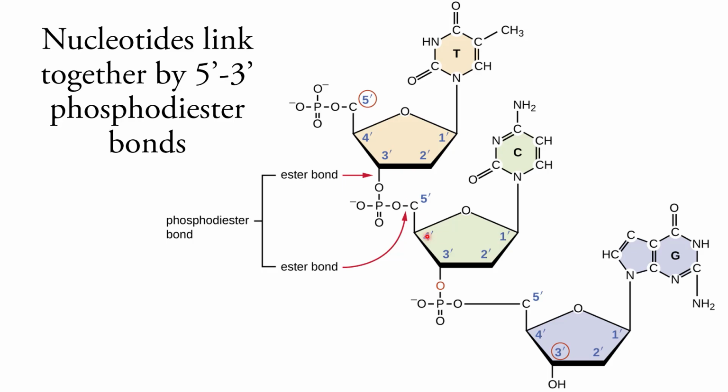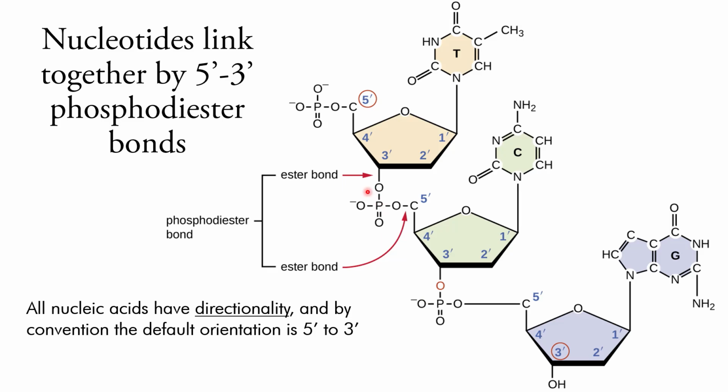Because we grow nucleic acids by adding nucleotides to the 3 prime end, we say that nucleotides have a directionality where they're linked 5 prime to 3 prime, and by default, if there are no numbers there, you assume that the sequence is written from 5 prime to 3 prime.